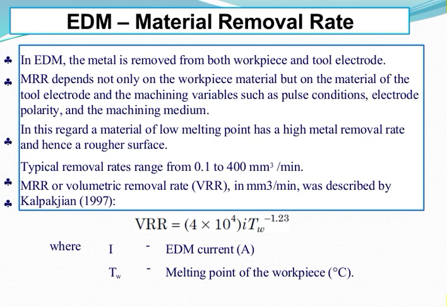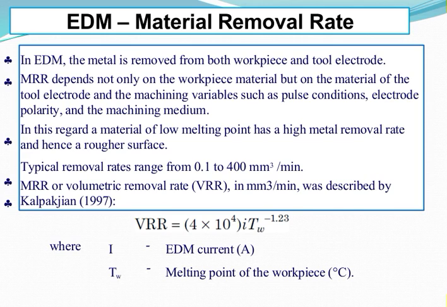In this regard, a material of low melting point has a high metal removal rate and hence a rougher surface finish. Typical removal rates range from 0.1 to 400 cubic millimeters per minute.